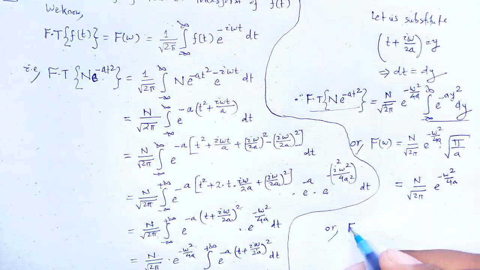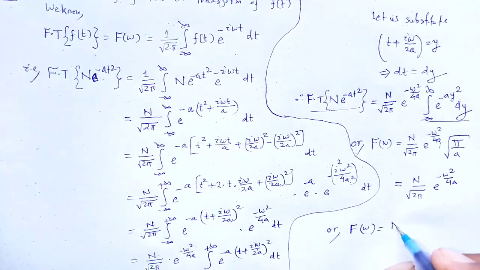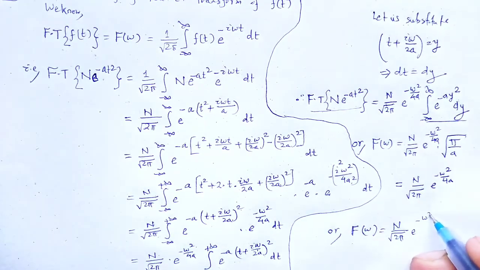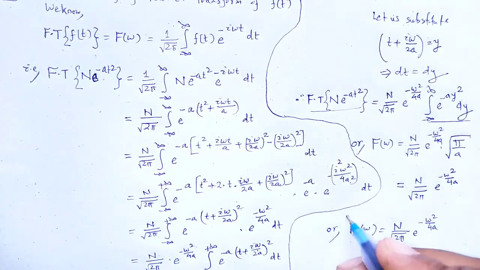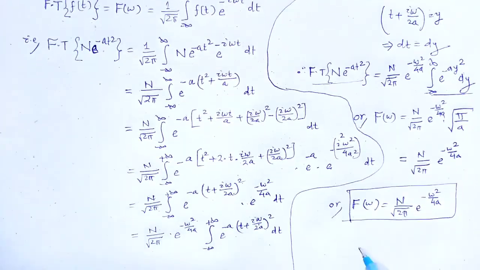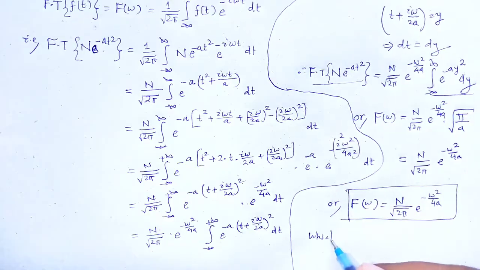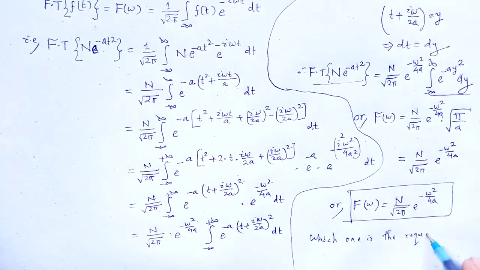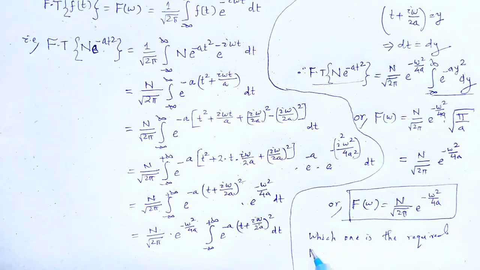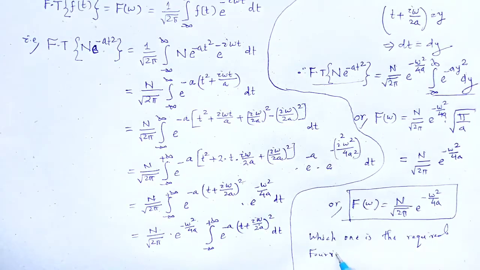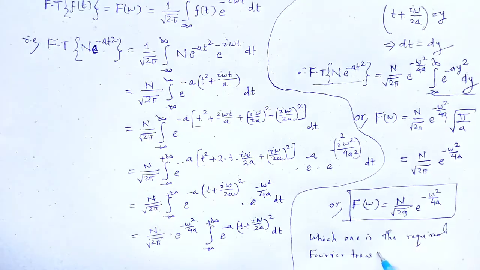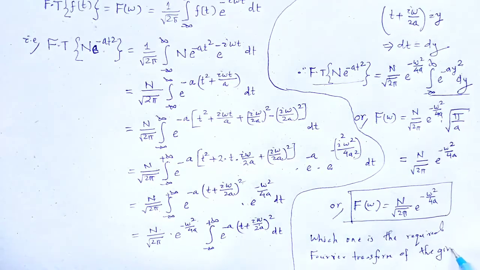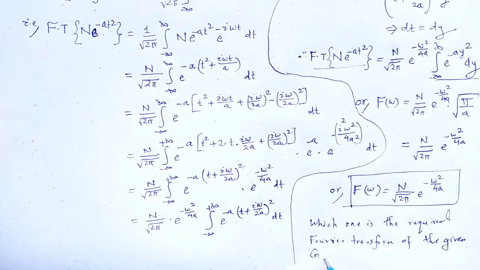Finally, we write f of omega is n divided by under root of 2, e to the power minus omega square by 4a, which is the required Fourier transform of the given Gaussian distribution function.